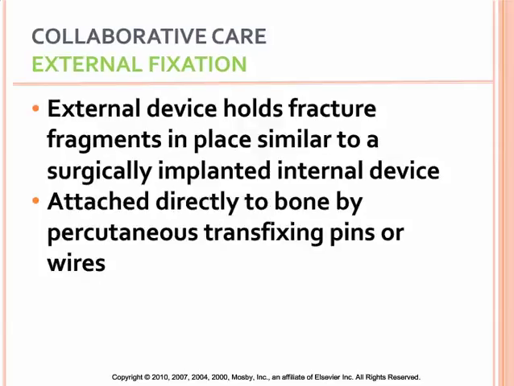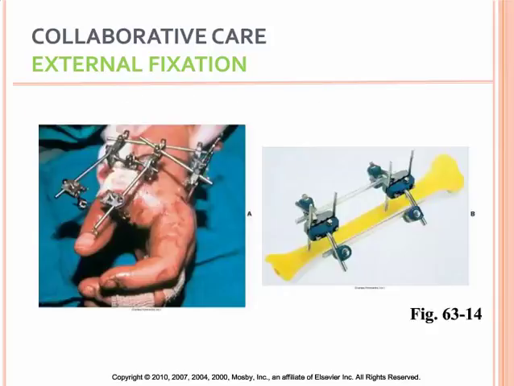The external device holds the fracture fragments in place, similar to a surgically implanted internal device, and it attaches directly to the bone by percutaneous transfixing pins or wires. This is an external fixator device that's stabilizing a hand injury, and the other demonstrates tibial external fixation. Looks like an erector set.